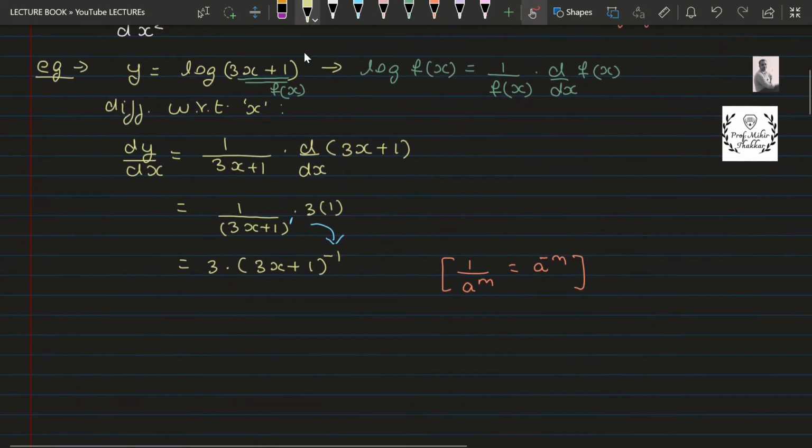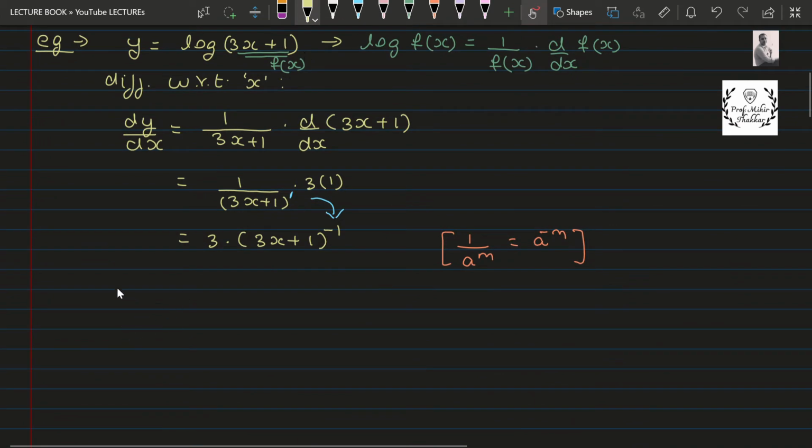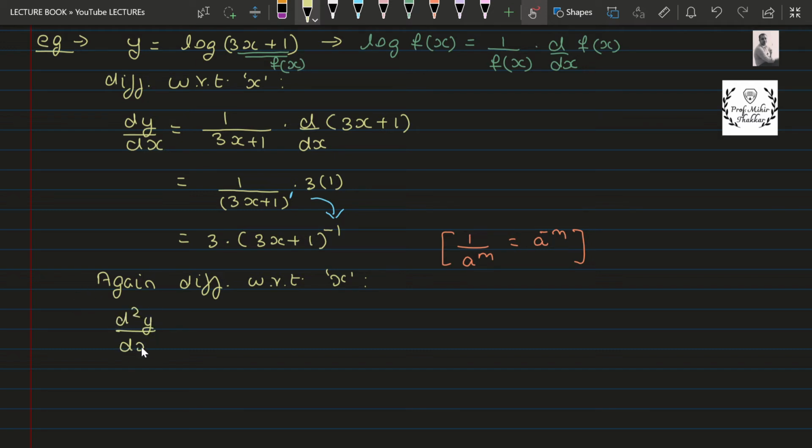Now, when I want to find the further derivative, the second order derivative, I will say over here, again differentiate with respect to x. So what is the second derivative of dy by dx? It is d square y by dx square. This 3 is the coefficient, so we leave it as it is.